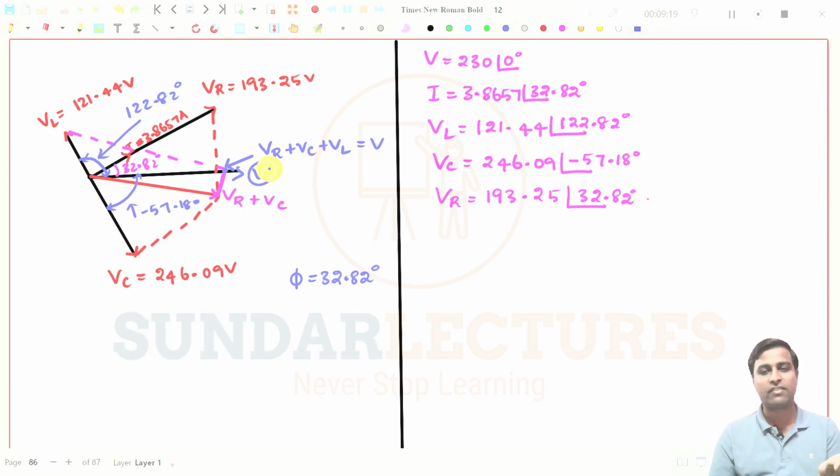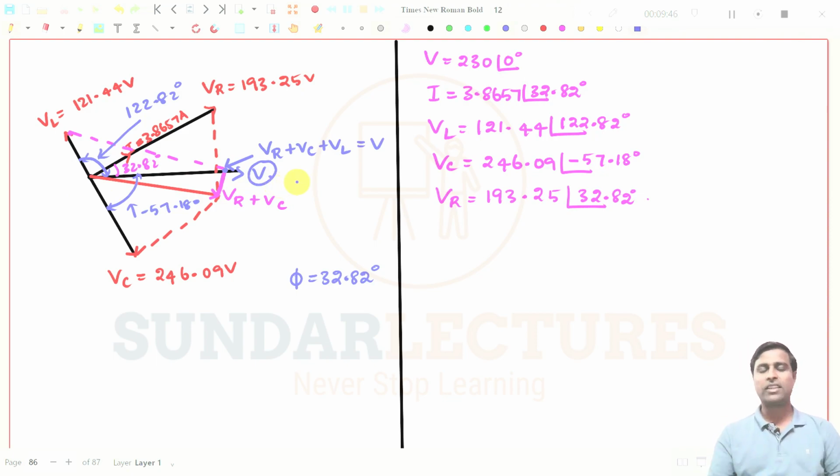Since we have taken V equal to 230 at an angle of 0 degree, it has to be total V. So I have drawn VL, and then I have drawn VC, and I have tried to connect VC and VR, and then with this phasor, that is VR plus VC, I have connected the VL. So it is VL plus VC plus VR. That should be the total voltage, and it has to be the 0 degree phasor.